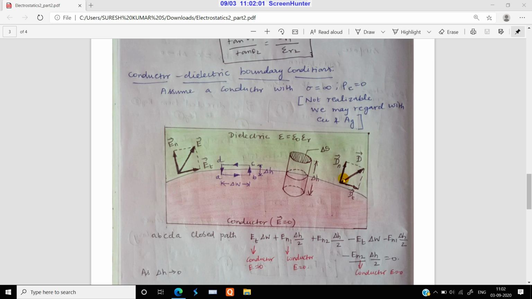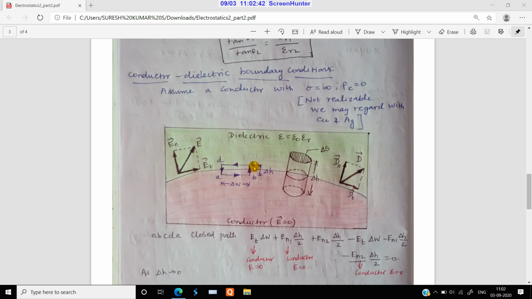So along the closed path, if we travel from A to B, then it is Et into del W, and along B to C we will have En1 into del H by 2 and En2 into del H by 2. If this direction is along the normal direction of the electric field, these two terms are positive in nature.